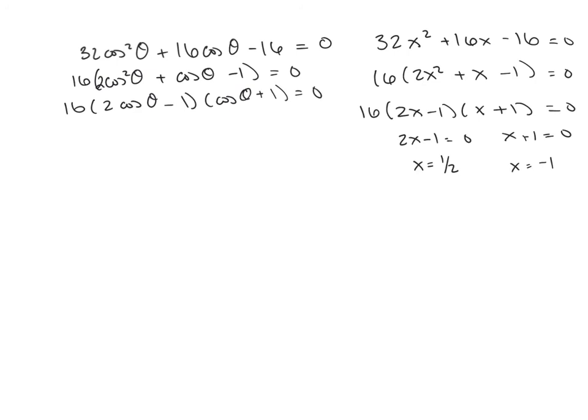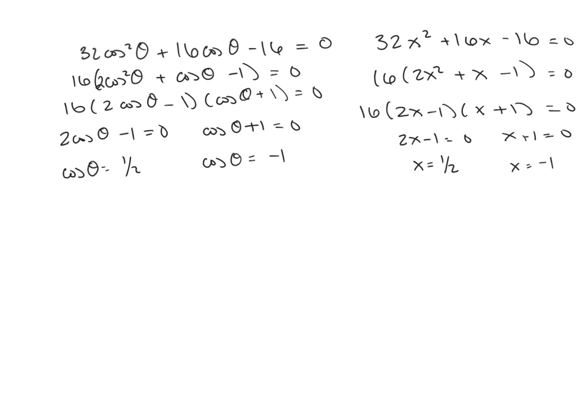Just like we did when we had just x's, we're going to set each piece equal to 0 now. Of course 16 doesn't equal 0, so we just ignore it. 2 cosine theta minus 1 is 0, and cosine theta plus 1 is 0. So let's solve, and we get cosine theta equals 1/2, and cosine theta equals negative 1.